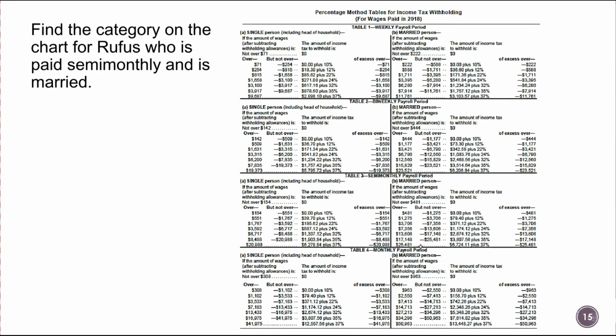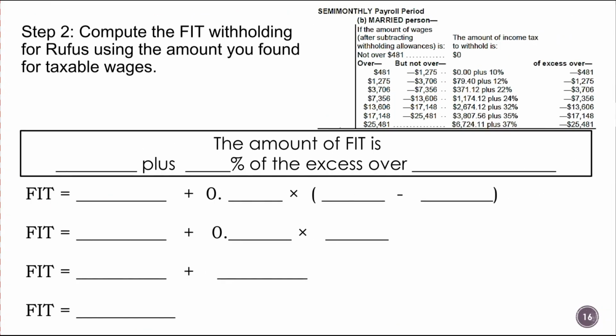$3,149.90. Now, he is being paid semi-monthly, and he's married, right? So that means we're on the right side of the chart in the right column. And we are on semi-monthly right here, and married, right? So this is the part that we would need to look at to find his federal withholding.